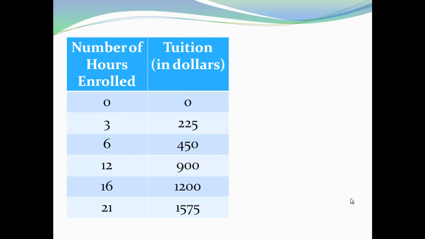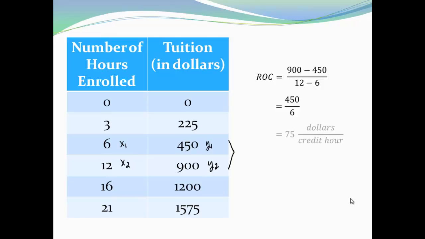If we find the average rate of change between the next two data points, again we could establish what x1, y1, and x2, y2 are, and find the average rate of change. Again, we would find that the average rate of change is $75 per credit hour.